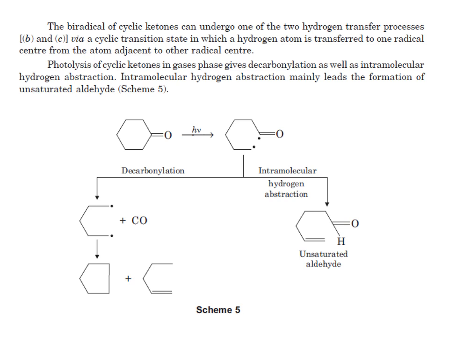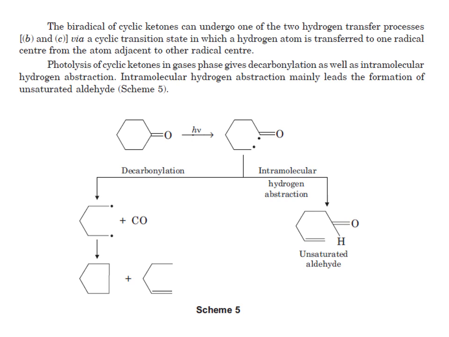And this hydrogen atom transfer to the other radical center produces a different product. One is the ketene and another is the unsaturated aldehyde. So the photolysis of cyclic ketones in the gas phase gives decarbonylation as well as intramolecular hydrogen abstraction. And this intramolecular hydrogen abstraction mainly leads to the formation of unsaturated aldehyde, as shown in scheme 5.